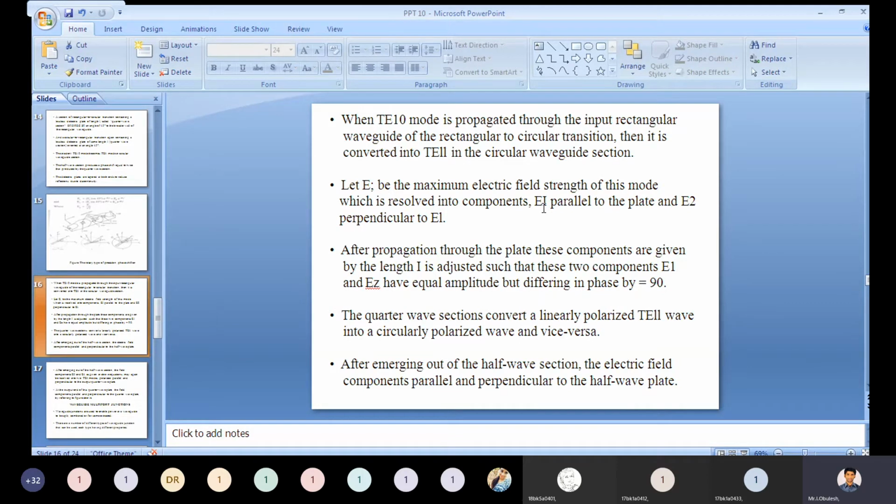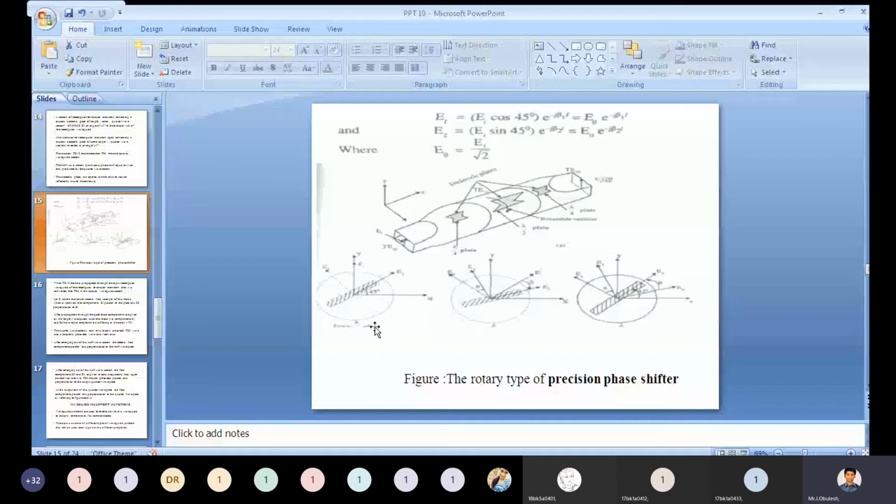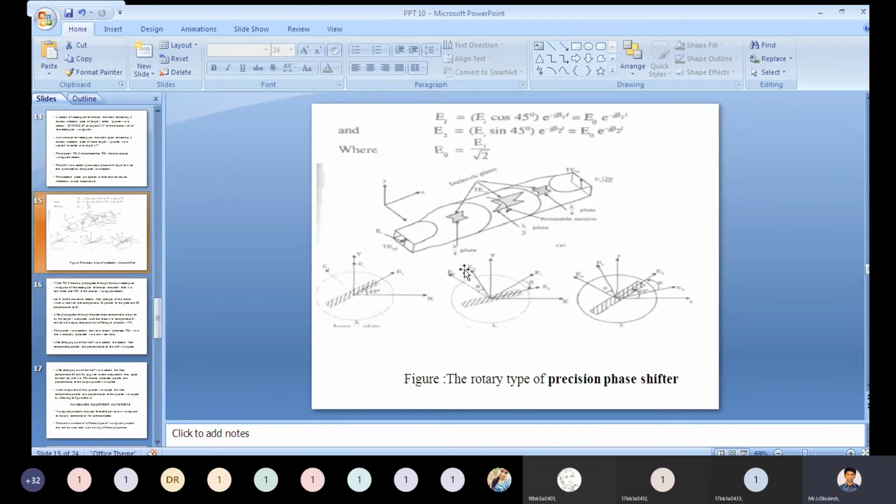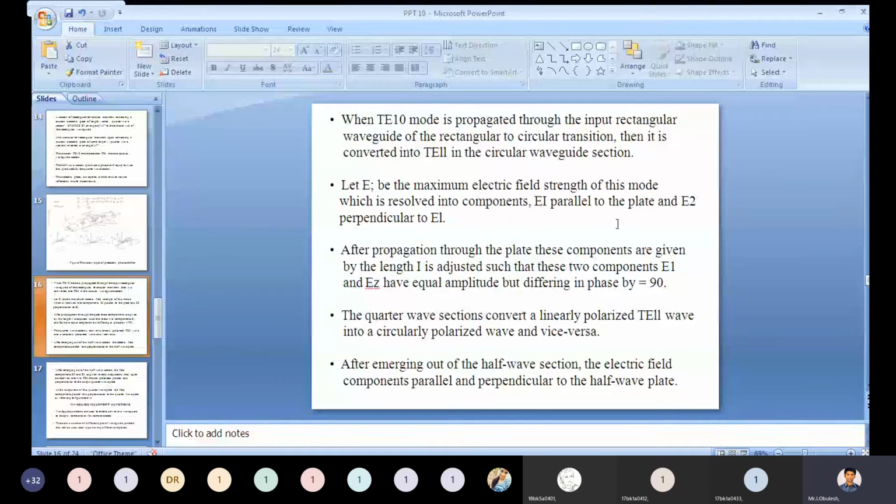See that E1 is parallel to the plate, and E2 is perpendicular to the plate. This is the y direction, this is the x direction. You need to represent E1 and E2 from this. In the diagram, E1 is parallel to the plate and E2 is perpendicular to E1.